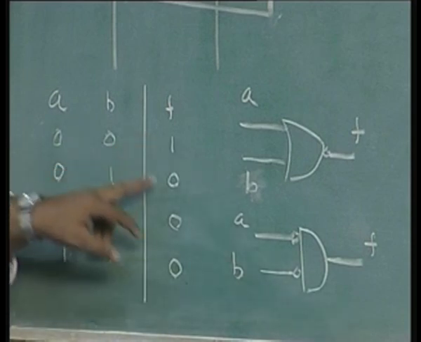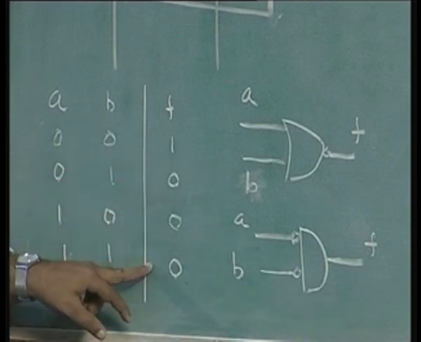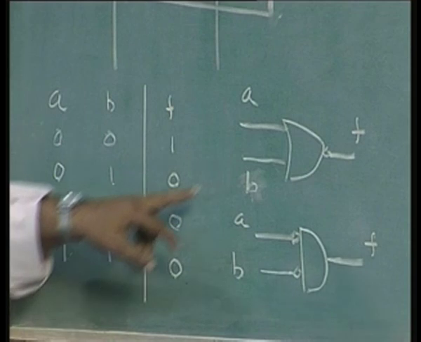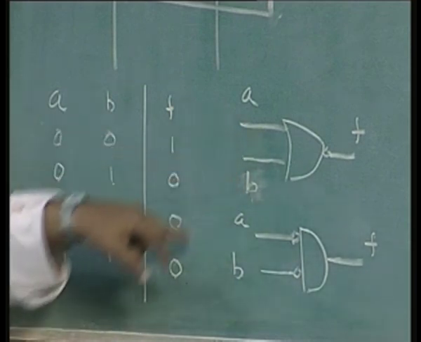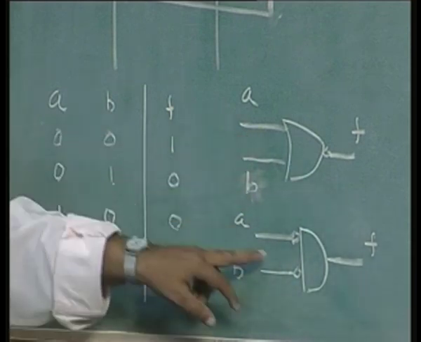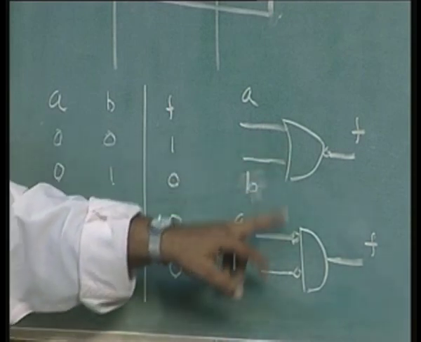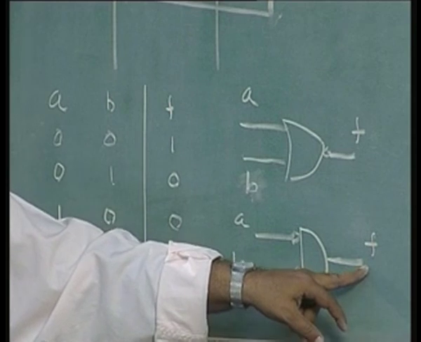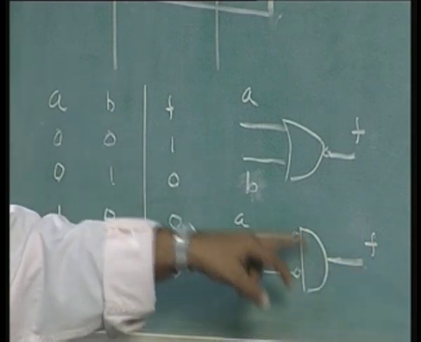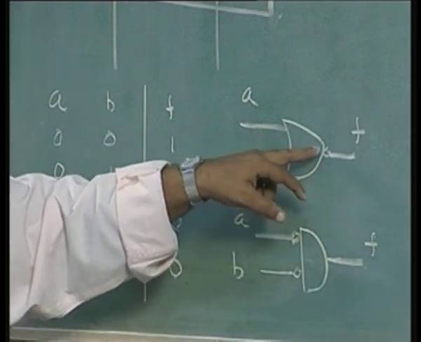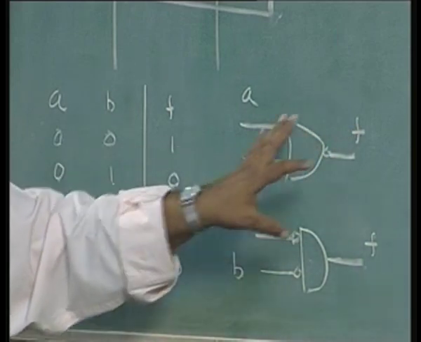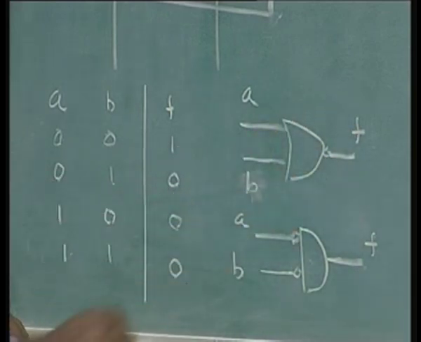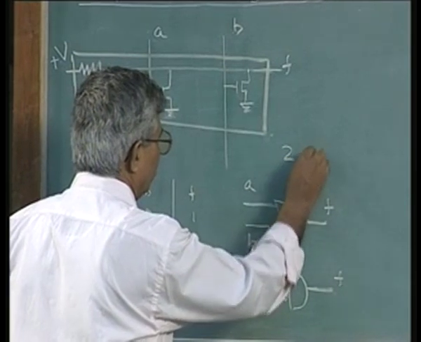OR gate has 0 1 1 1, NOR gate is the complement of OR gate, so 1 0 0 0. So this is the circuit symbol for that. Now this is another symbol. Two inputs inverted in an AND gate gets a NOR function. In an OR gate, output inverted gives you a NOR function. Both are NOR gates, two input NOR gates.